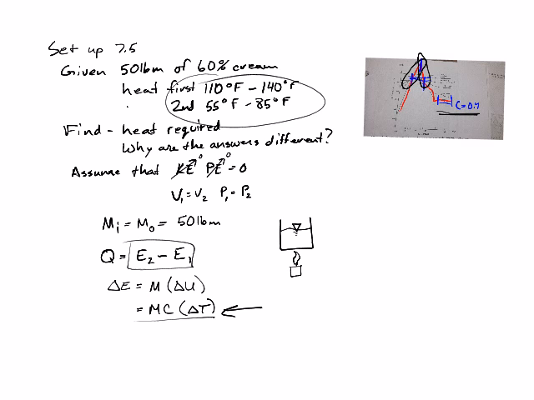So we're going to call this QA, delta EA. Now for our B, QB is also equal to m C delta T, but now our C value is variable.